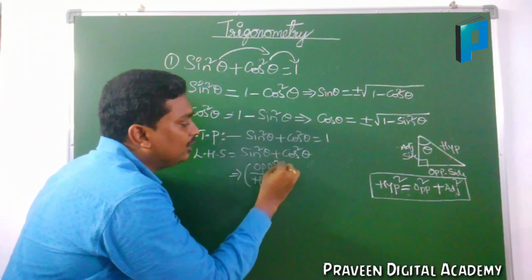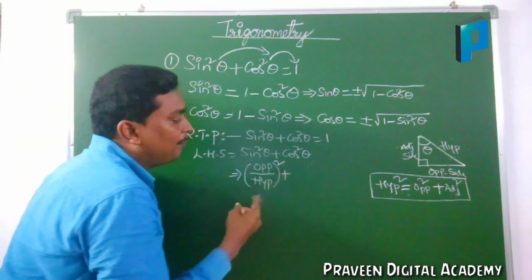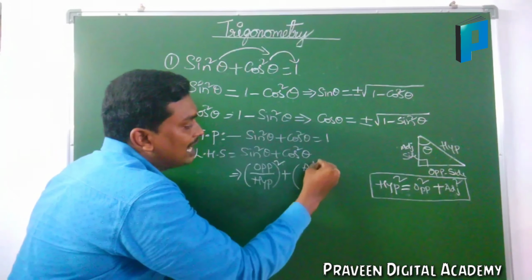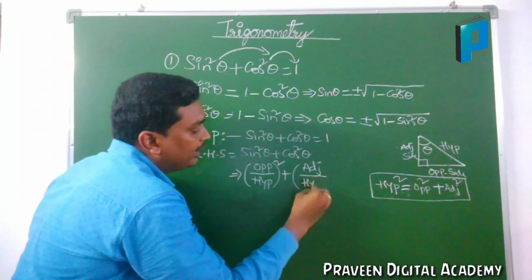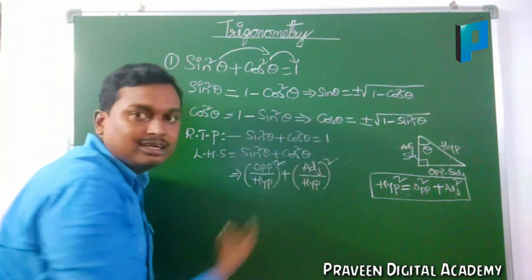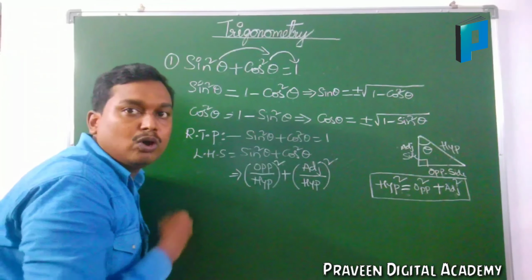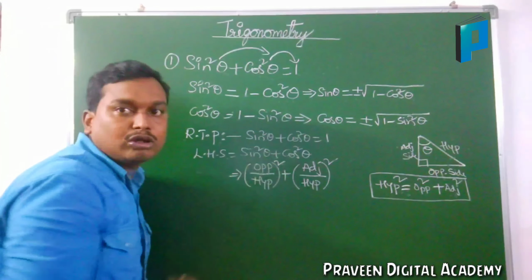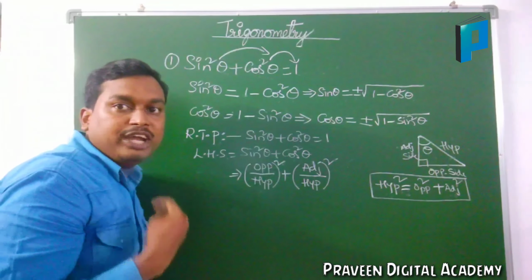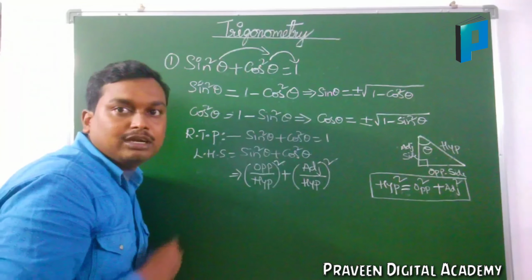Here square is there, so I kept a square. Plus, what is the cos ratio? Cos ratio is adjacent side by hypotenuse, and square is there, so I kept a square. If you want to know about the ratios of trigonometry, I did a previous video. The video link is given in the description.